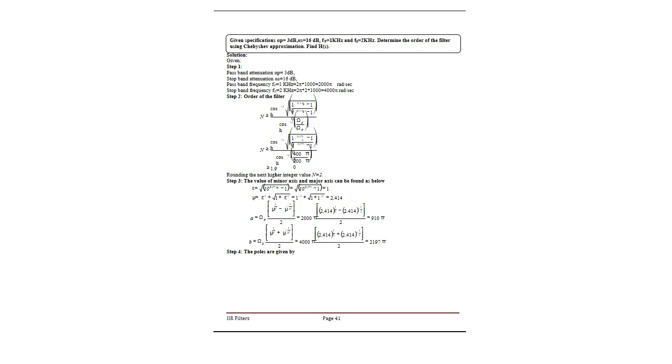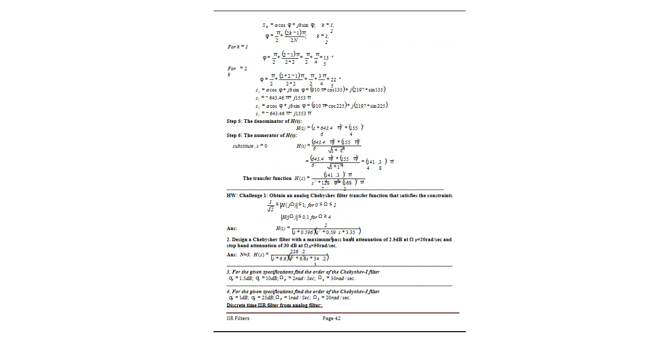Step 4 is to find the poles. That is sk is equal to a cos phi plus jb sin phi, where k equals 1, 2. Phi k is equal to pi by 2 plus (2k minus 1) times pi by 2N.